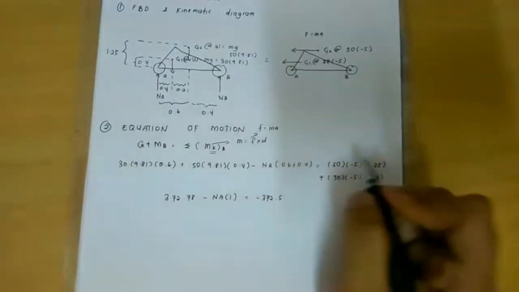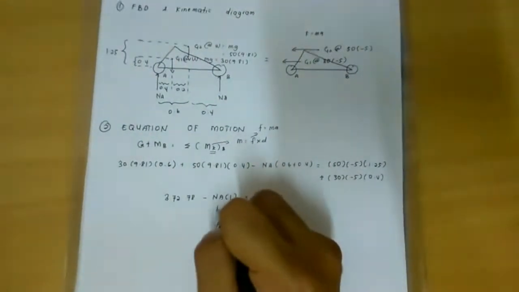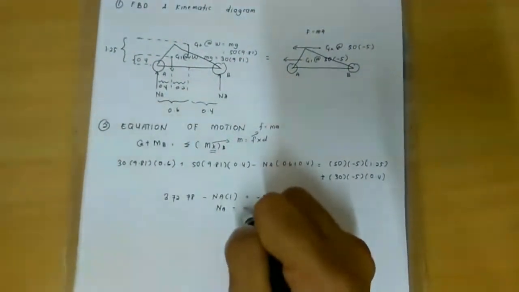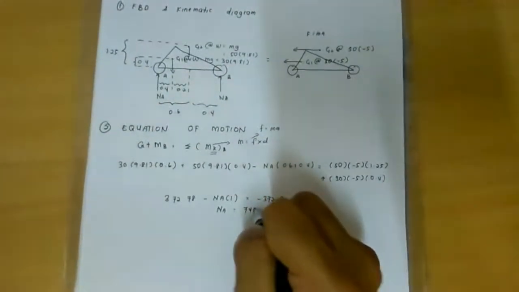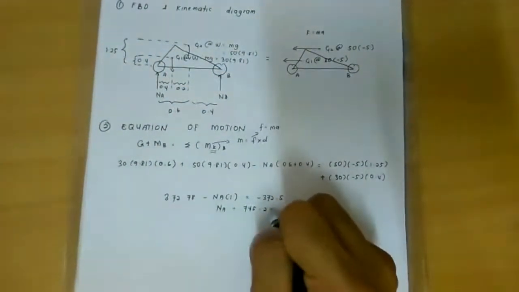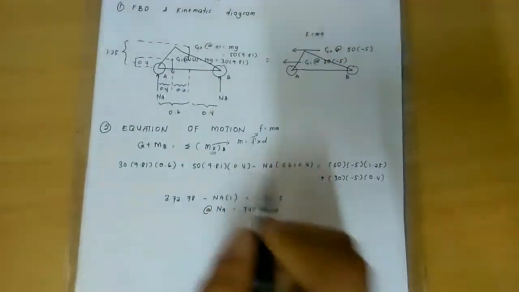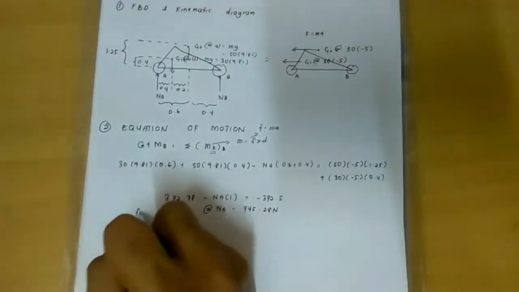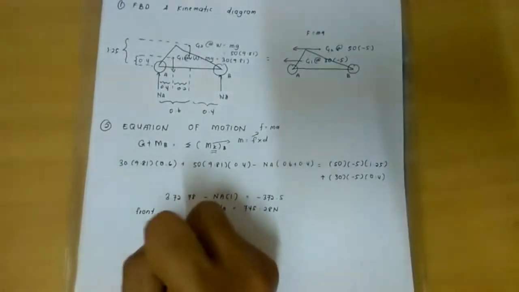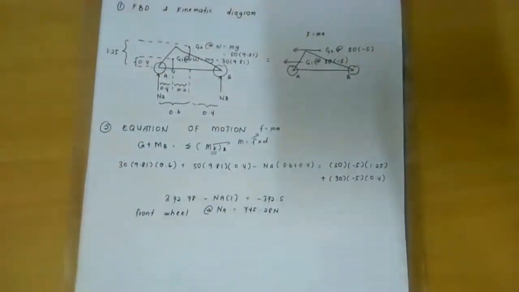Solve the equation. Normal force at point A is 745.28 Newton, which is the force at the front wheel.